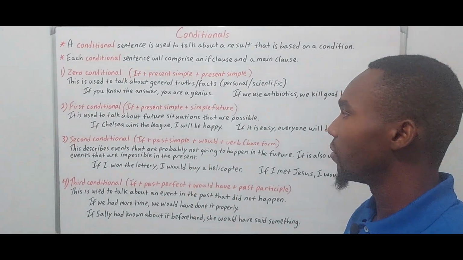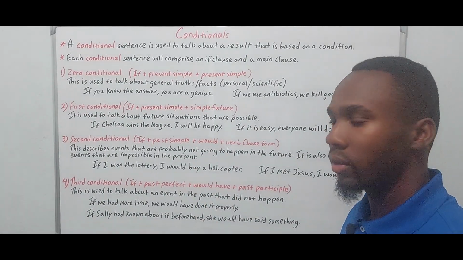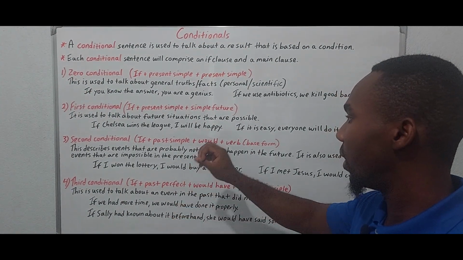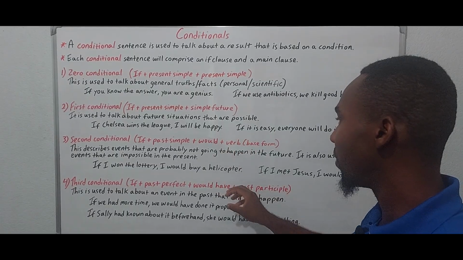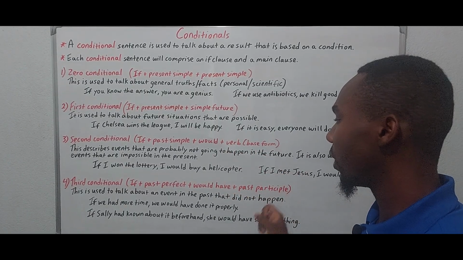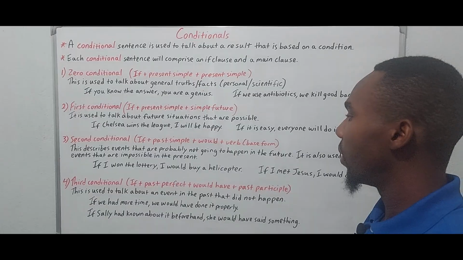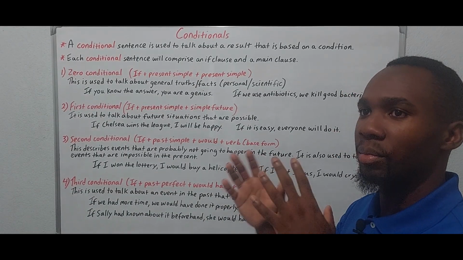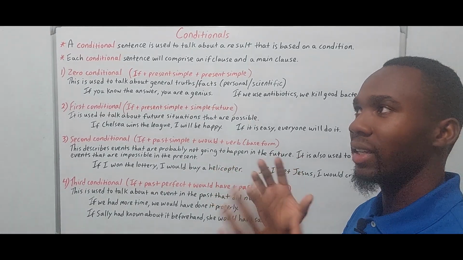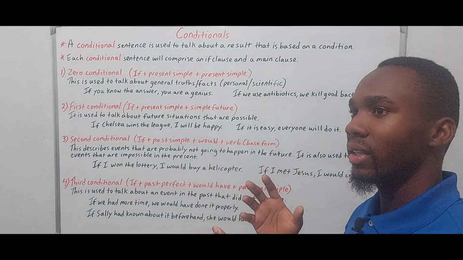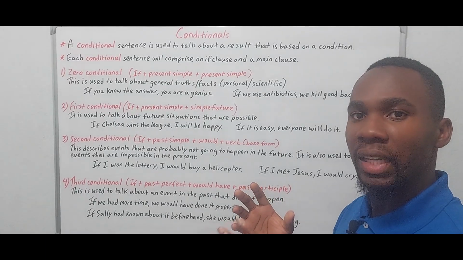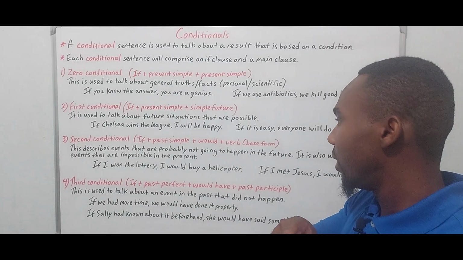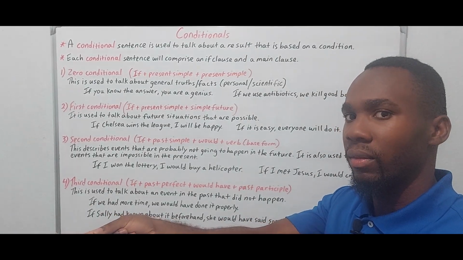And finally, we have the third conditional, all right? The structure is going to be if, followed by the past perfect, followed by would have, and then the past participle, okay? This is used to talk about an event in the past that did not happen. So we're going back in the past to something that did not happen. But if it did happen, this would be the result, okay?